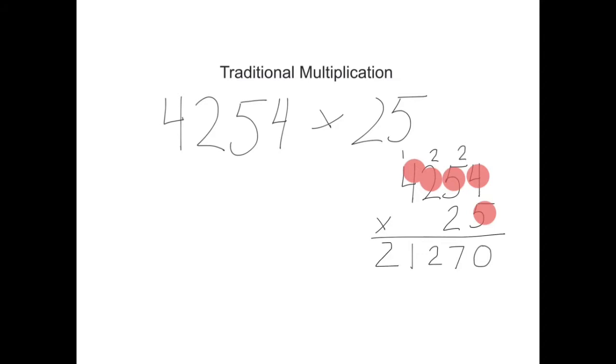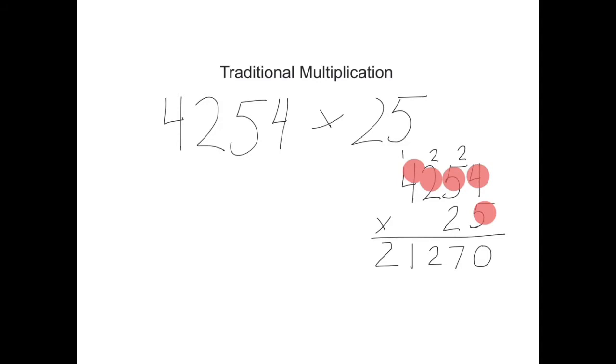Now keep in mind, if this number were to become even longer, say 10,000s, 100,000s, millions, my process wouldn't change. All I'm doing is I would continue to multiply the 5 across and continue my pattern of solving.